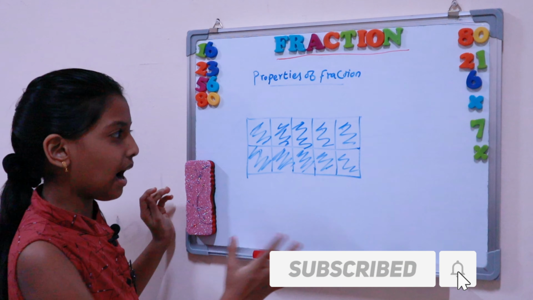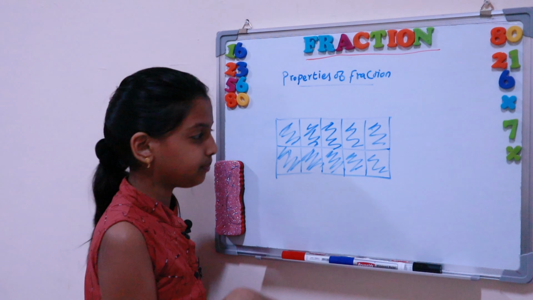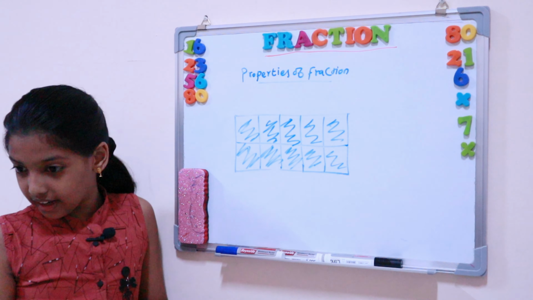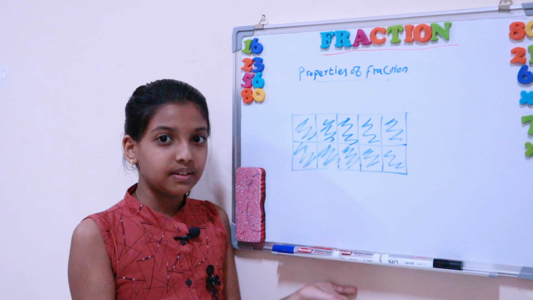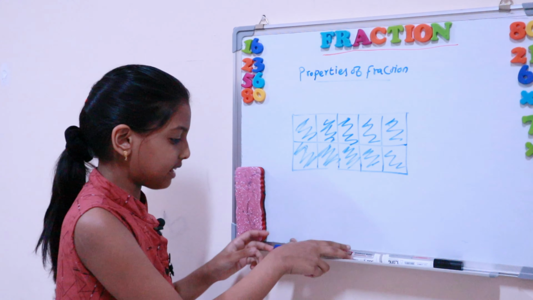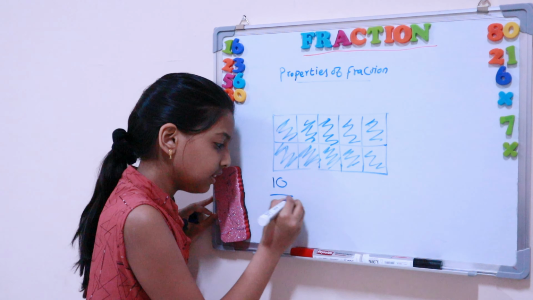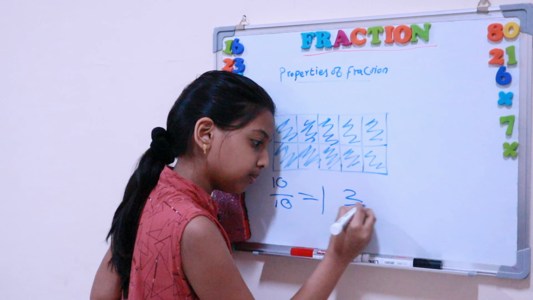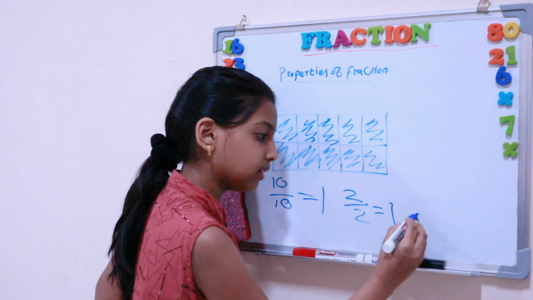So now we are going to see the whole fraction. All the parts are shaded, so the denominator and the numerator are the same and it is a whole number. So for example, 10 by 10 is equal to 1. 2 by 2 is equal to 1.